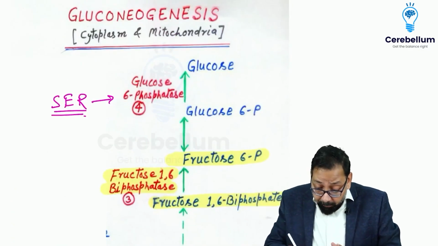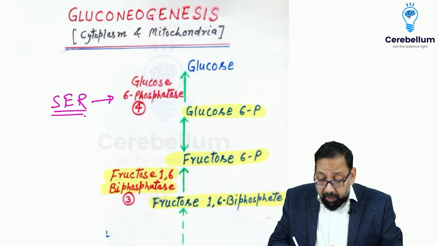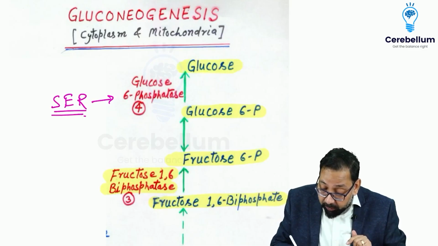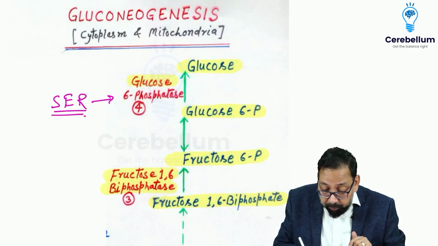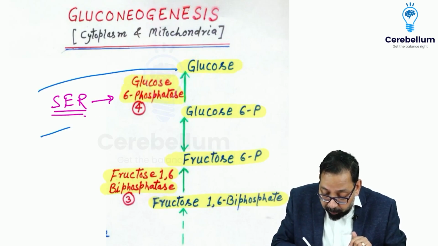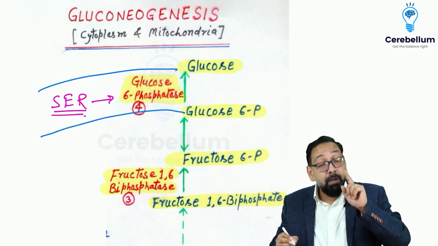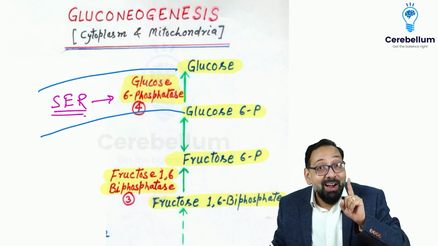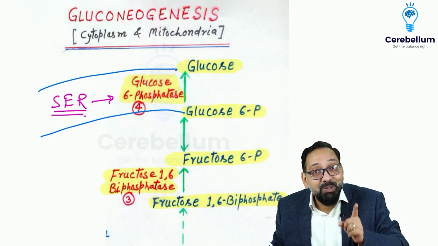Fructose 6-phosphate is turned into glucose 6-phosphate, and the last step of gluconeogenesis is glucose 6-phosphate to glucose by glucose 6-phosphatase, which is present in the smooth endoplasmic reticulum. Remember, this is the same enzyme that catalyzed the last step of glycogenolysis.